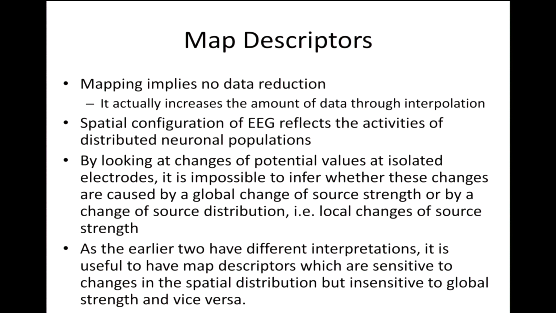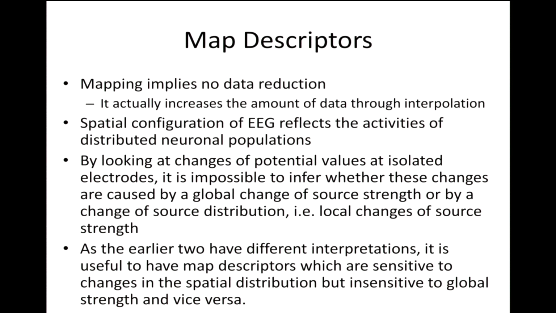So it would be quite useful to extract features which are specific to the map, to the way your voltages are distributed there. Although on one hand you think you are doing some data compression, that out of the whole map you are using one descriptor, you have to remember you are increasing the amount of data by mapping, because you are doing a lot of interpolation for the map there.